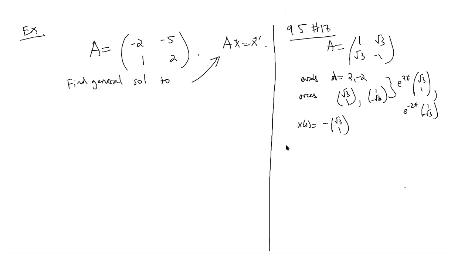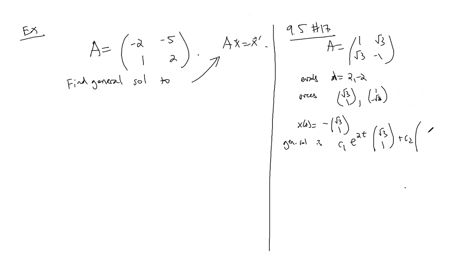Okay, and so the general solution is C1 times this. I don't know why I wrote it over here. So if you're given an initial condition, you can solve for some of the coefficients.